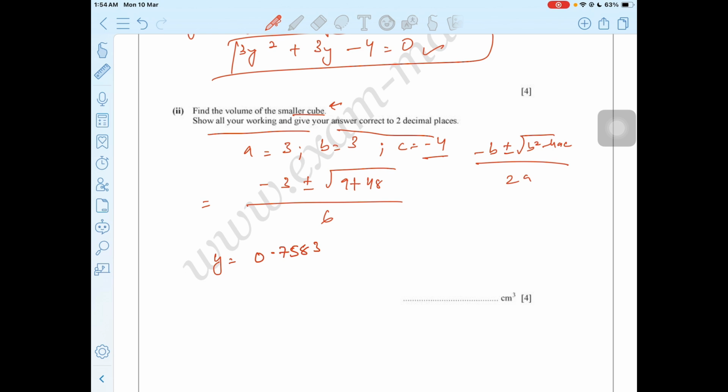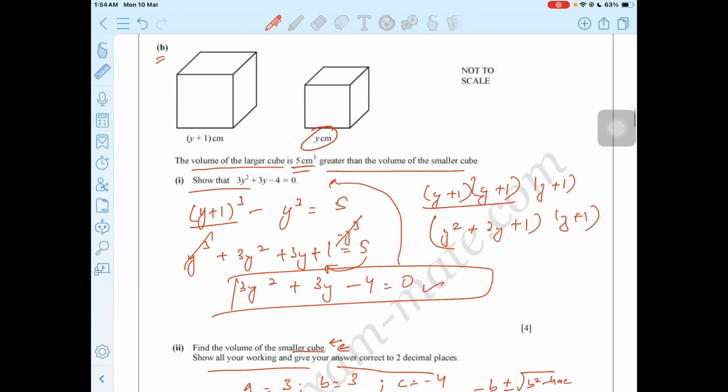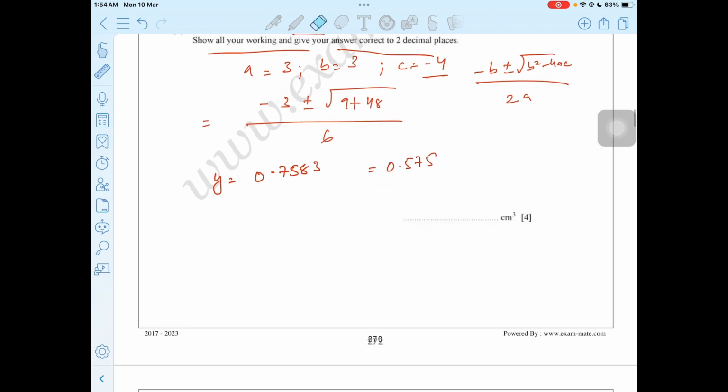So we get our answer as 0.7583 over here, and then we do this as squared, so we get our answer as 0.575. Right, because it's the volume of the smaller cube. Sorry, this would be cubed because it's a volume, right? So this would be cubed.